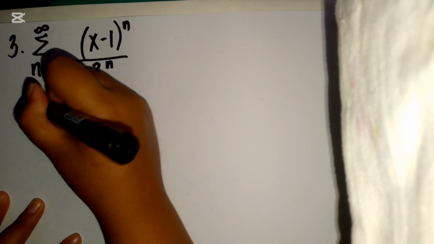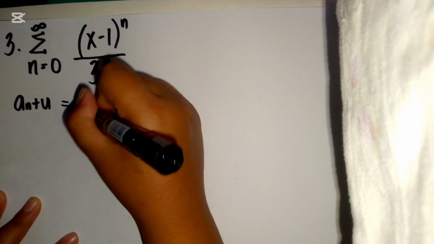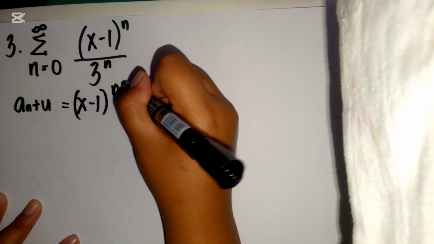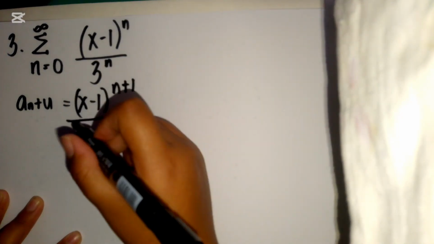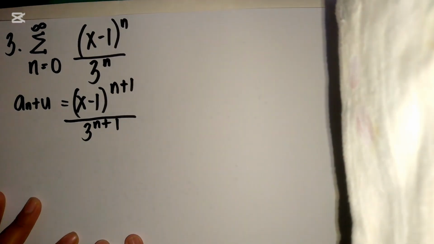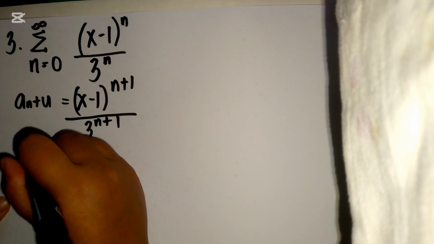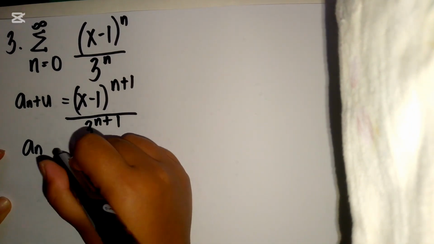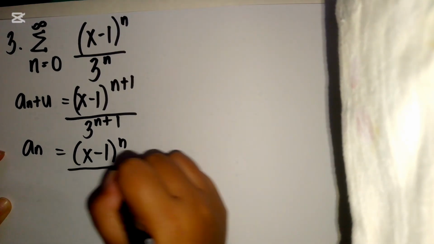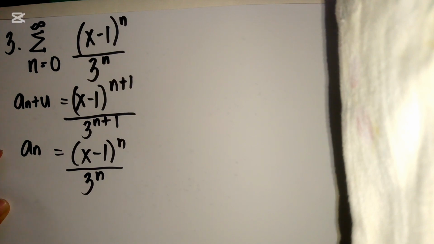And yes, we will have the condition a sub n plus 1, or u sub n plus 1, equal to x minus 1 raised to n plus 1 all over 3 raised to n plus 1. And the next one is a sub n, or u sub n, which will be equal to the given problem, x minus 1 raised to n over 3 raised to n.